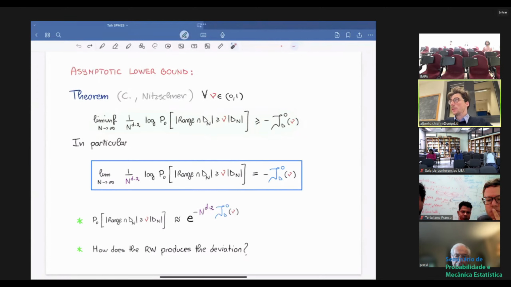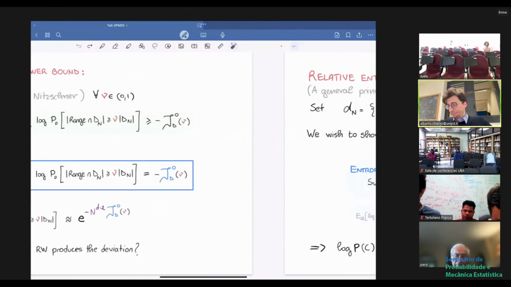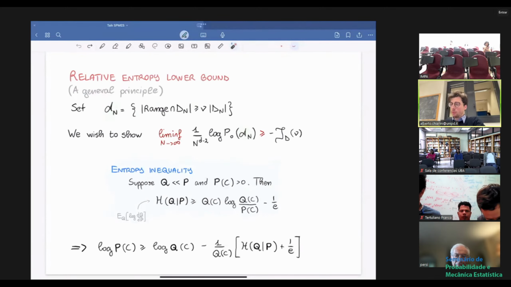As is typical in large deviation lower bounds, we have to come up with a strategy to realize this deviant behavior, a strategy that makes the deviant behavior typical. And then once we have this strategy, we can find the lower bound by an entropy lower bound, by tilting the measure appropriately. So this is what I'm going to discuss now.